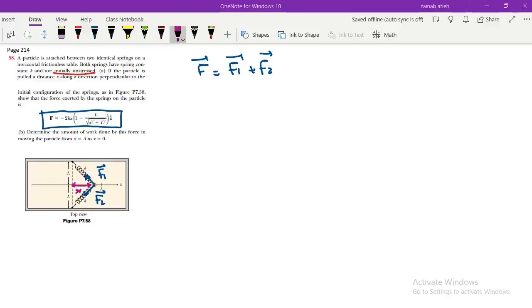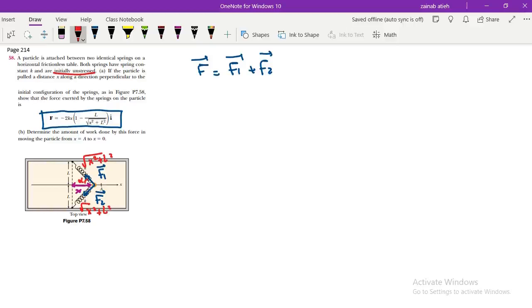So let's first call this angle alpha to make things more obvious. Now, the new length of the spring: I have a right angle here, with x and L, so the length will be radical x squared plus L squared. Similarly down it's radical x squared plus L squared. This is the new length of the spring, after I moved the particle a distance x.